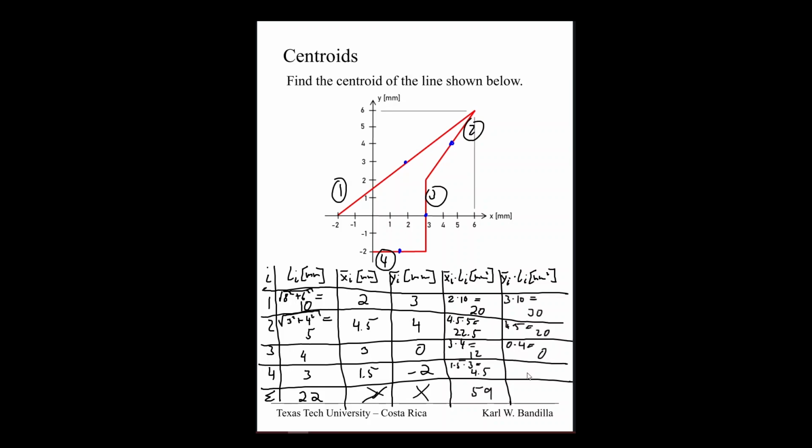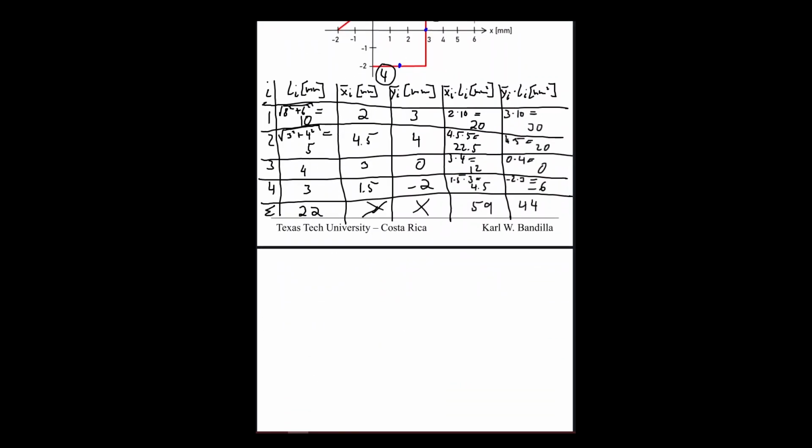That's, of course, just 0. And then we get -2 times 3. Already have the calculation, so -6. Very important, that's minus. So we have 50 minus 6 would be 44. Excellent.